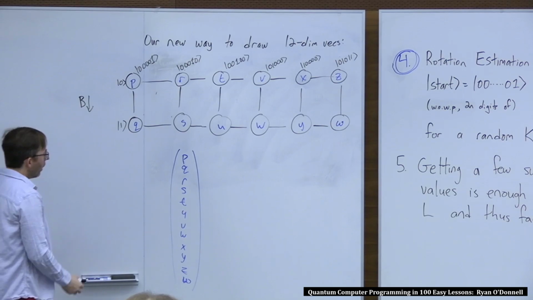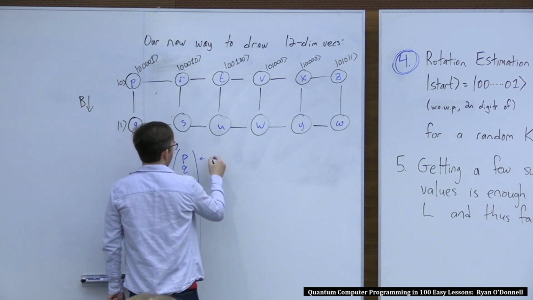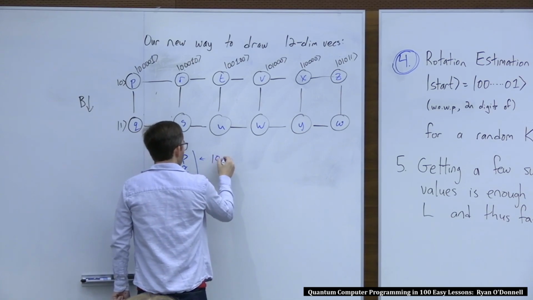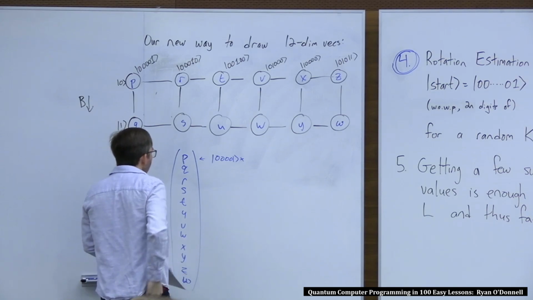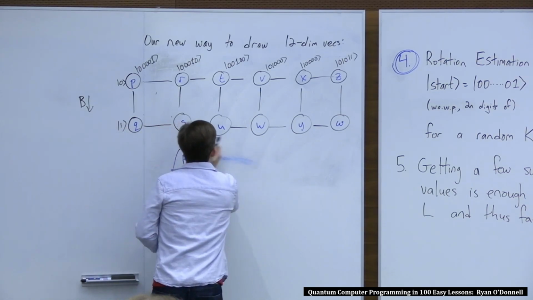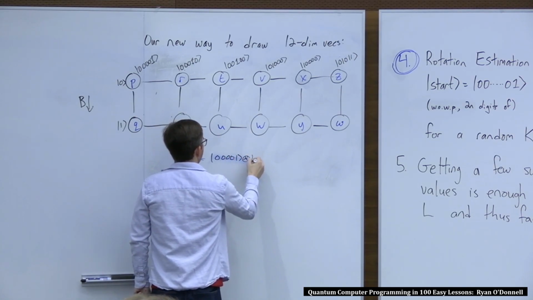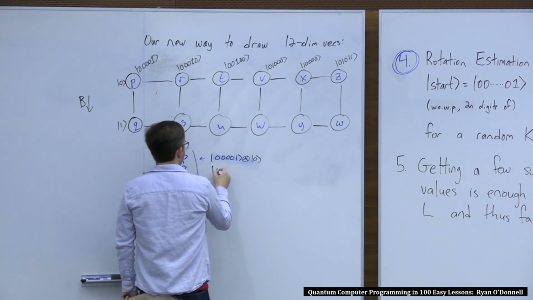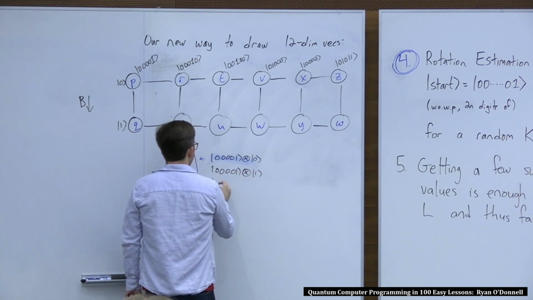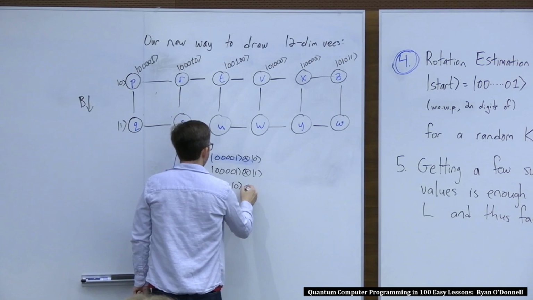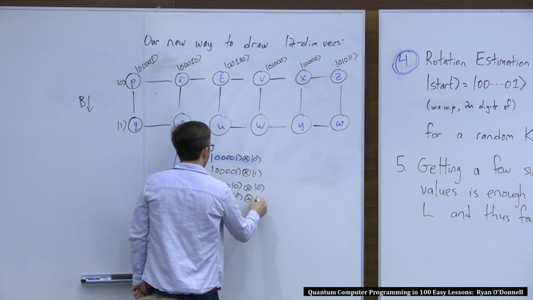And the entries here correspond to, this is 0, 0, 0, 0, 1 tensor 0. 0, 0, 0, 0, 1 tensor 1. 0, 0, 0, 1, 0 tensor 0. 0, 0, 0, 1, 0 tensor 1.